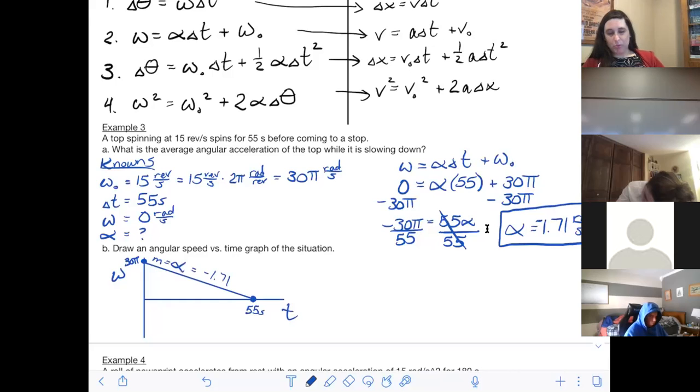It was negative 1.71. And when I look at that linear line, does that linear line look like it has a slope of negative 1.71? Probably, right? Yeah. So I think we did pretty good. I think this graph looks fantastic.